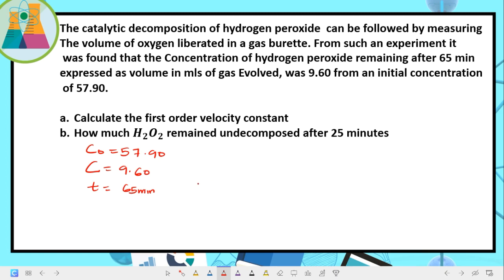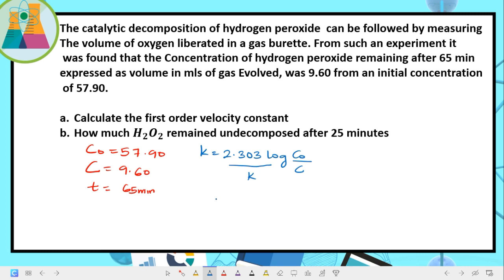Now the first order velocity constant is given by the formula k is equal to 2.303 over t, then you have log C0 over C.